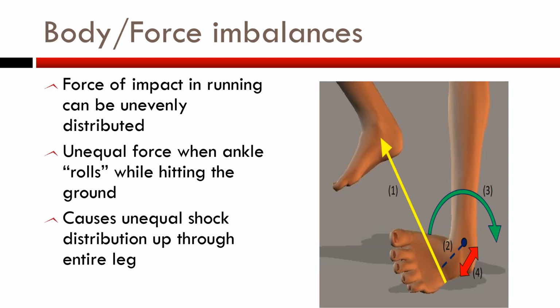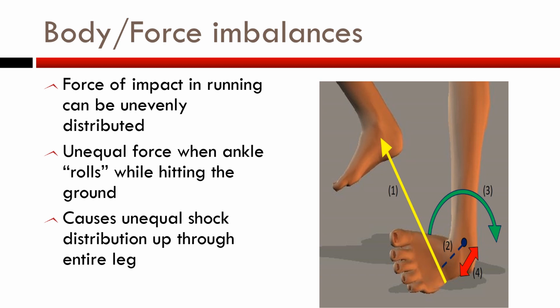Foot structure and muscle imbalances are another contributing factor that we have to look at when considering shin splints. When running, the force from the ground up through the ankles can alter depending on the balances or imbalances of the ankle muscles.